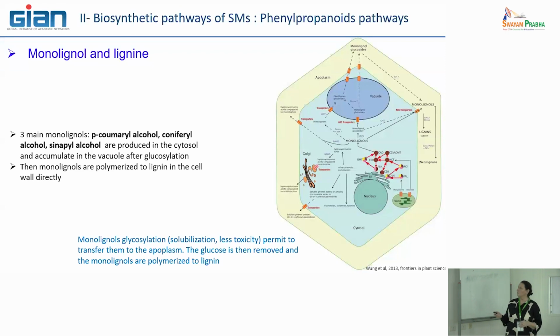Okay, so you need to have some specific transporters that help this movement of metabolites from one compartment to another compartment. And when we are interested in deciphering a metabolic pathway, this element is also very important.